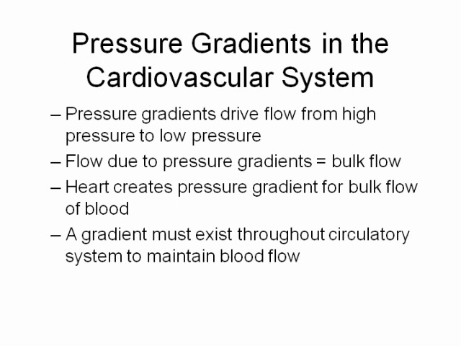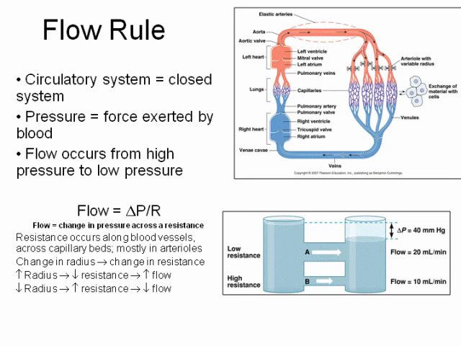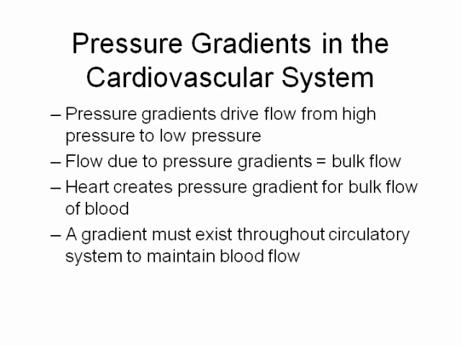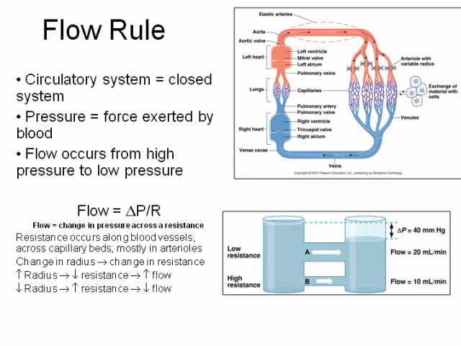So the pressure gradients of the cardiovascular system, we have going from high pressure to low pressure, as we said before. And this produces a flow that we call bulk flow. That is, large quantities of blood are moving from one region of the cardiovascular system to the next. The heart creates this gradient for bulk flow, and the gradient must exist throughout the circulatory system to maintain flow.